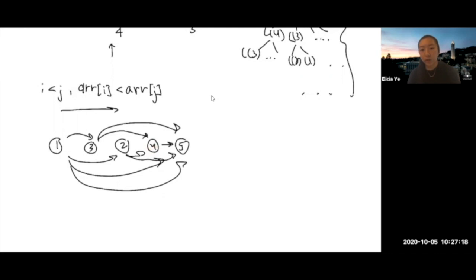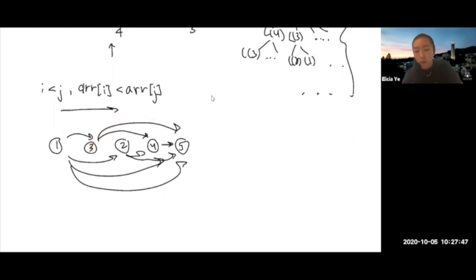So the selection of whether or not we want to include a node actually comes when we get to the next one, and then we go through all the previous nodes and see which ones have edges leading towards us, because that means that number is smaller than my current number. Yeah, I think using a graph representation is pretty intuitive.